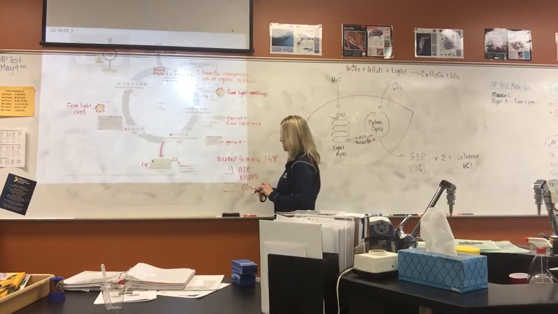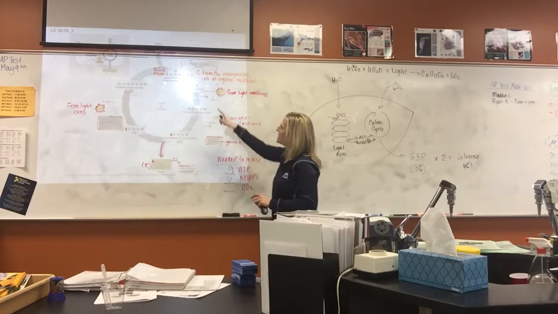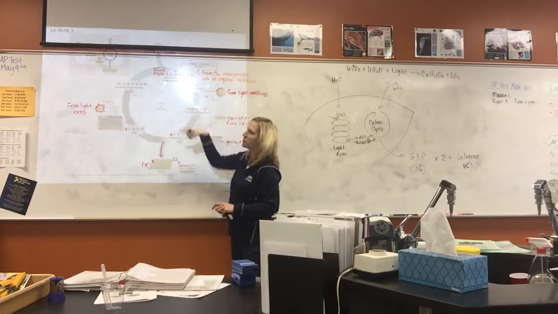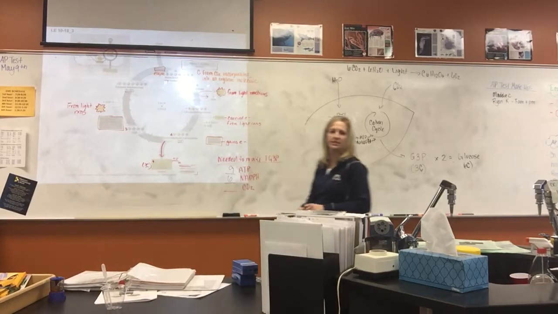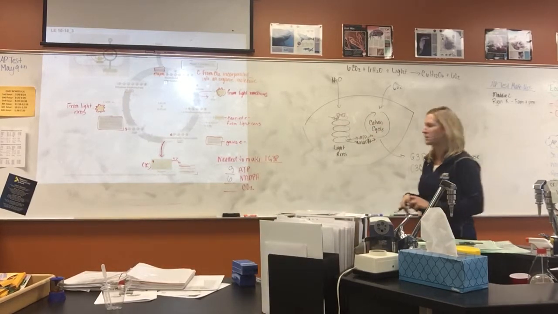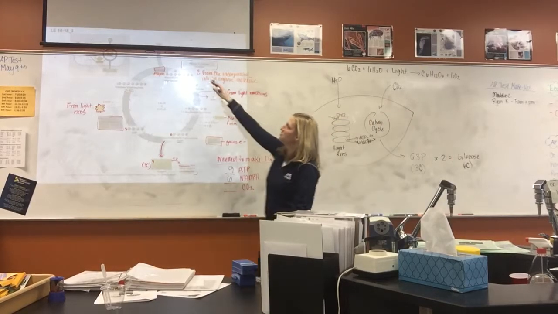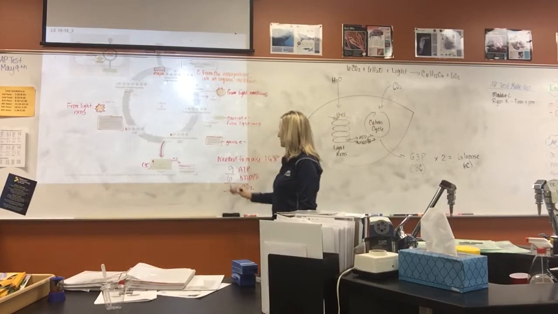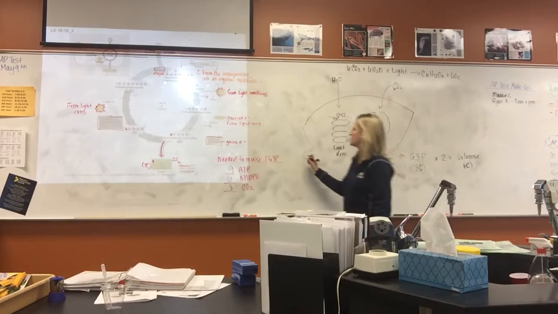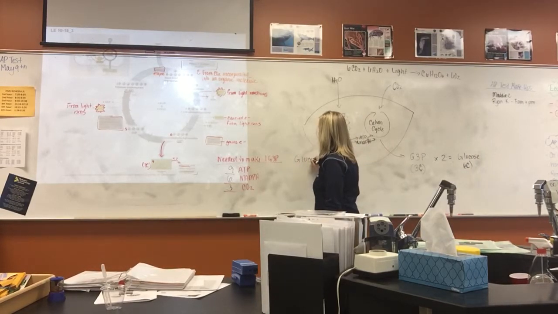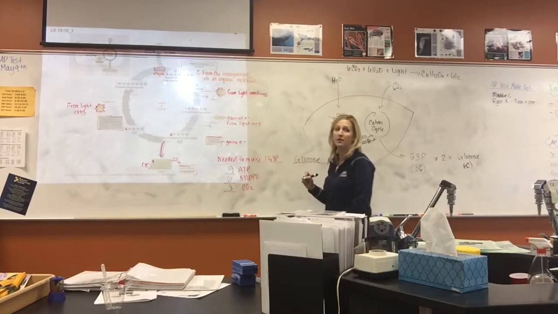For NADPH it is 6. Because remember, these are the totals of 3 turns, all right, to make 1 G3P. So you don't have to multiply it by 3. And then CO2 is 3 CO2s. So if I asked you the same thing for a glucose molecule, you would tell me what?